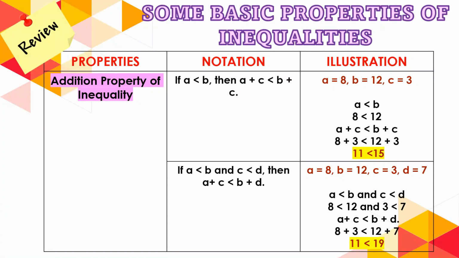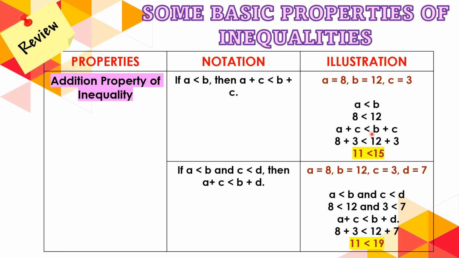We also have here the different properties of inequalities. Let's have first the addition property of inequality. If A is less than B, then A plus C is less than B plus C. Using an example, let's set A as 8, B is equal to 12, C is equal to 3. A less than B becomes 8 less than 12.